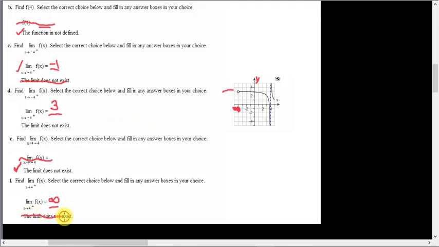It approaches infinity. In this one, if x approaches 4 from the negative side, or from the lesser side, that would be negative infinity, because it keeps going down and down and down. Yeah, that's it. That was easy. 5 minutes.